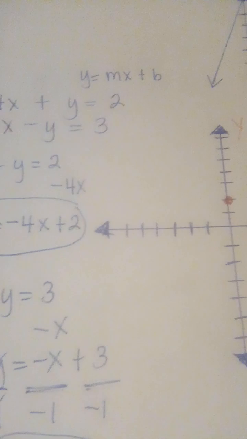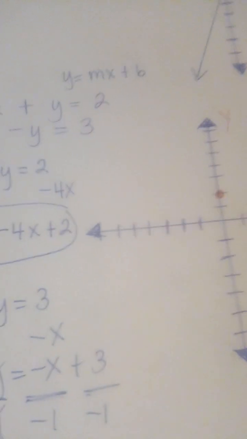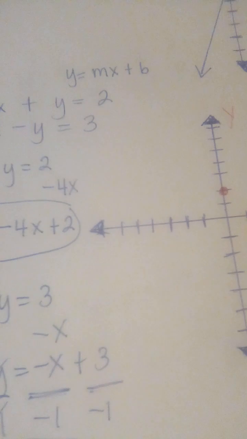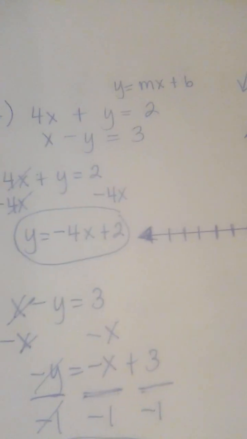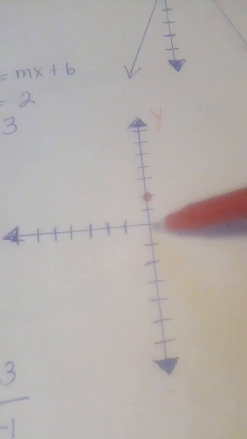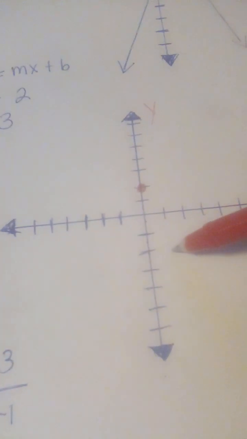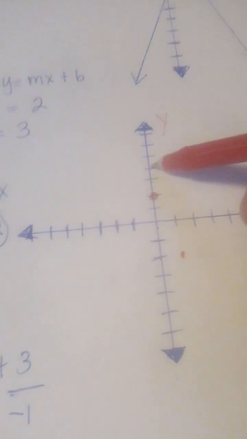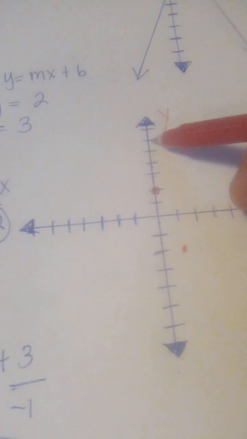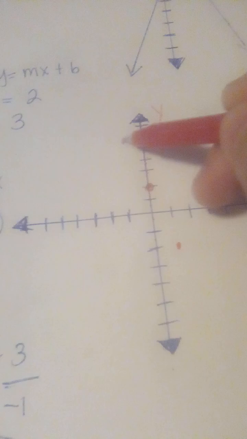Is the slope going down or up 4? We're going down, right? So we go down 1, 2, 3, 4, and then go this way. And then same thing the opposite, up the 4, and then go over to the left 1.